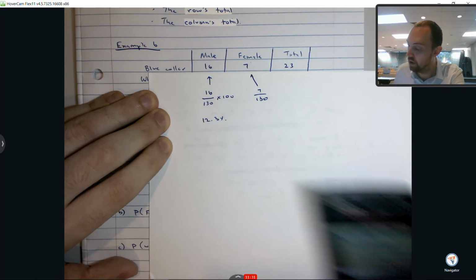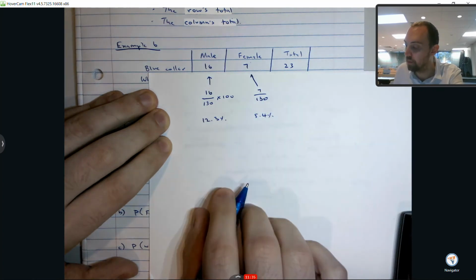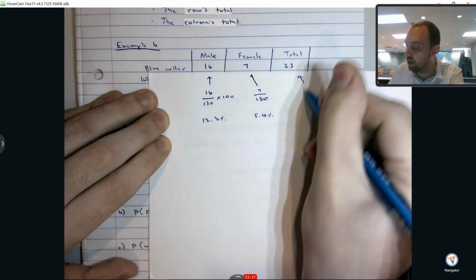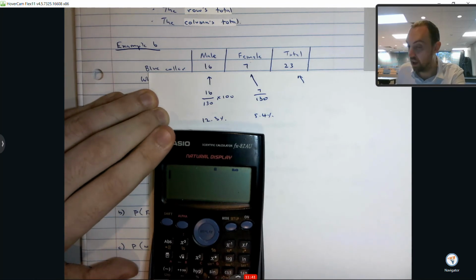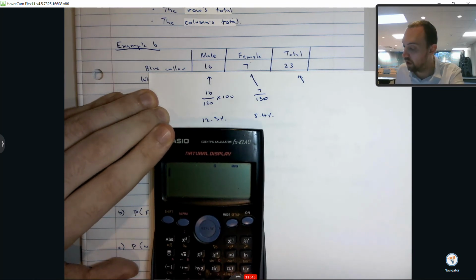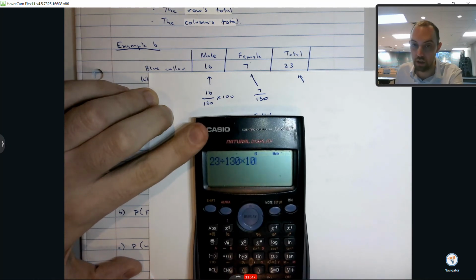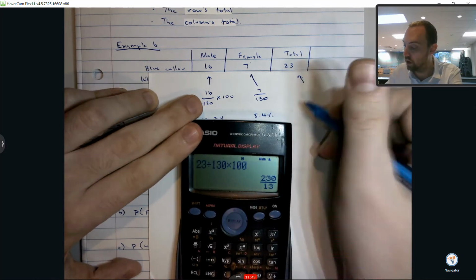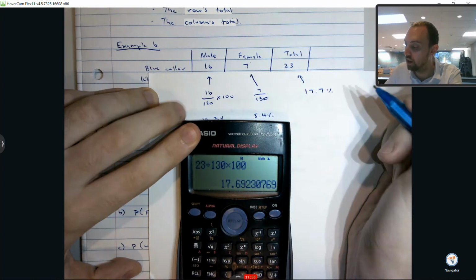We have 5.4%. And making sure you have your total in your two-way tables because they're going to be useful. We've got 23 out of 130 times by 100, which is going to be 17.7%.